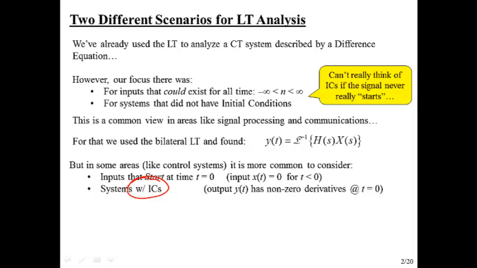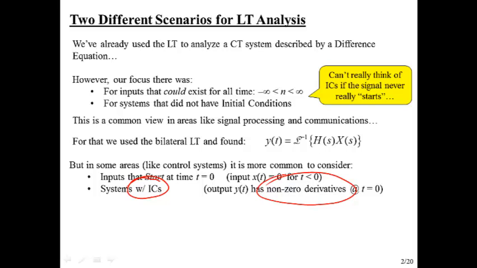And unlike discrete time systems where we had as our initial conditions some number of previous output sample values, for a continuous time system, the initial conditions are considered to be non-zero derivatives at time equal to 0.